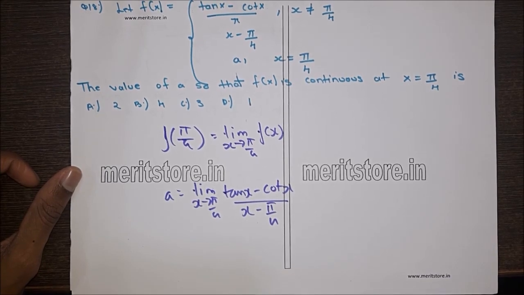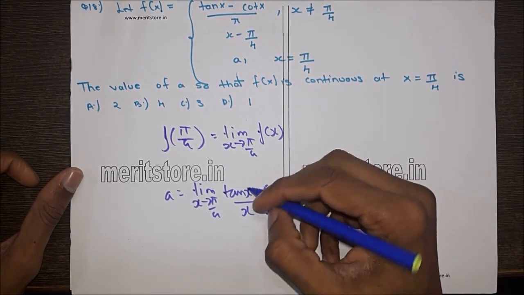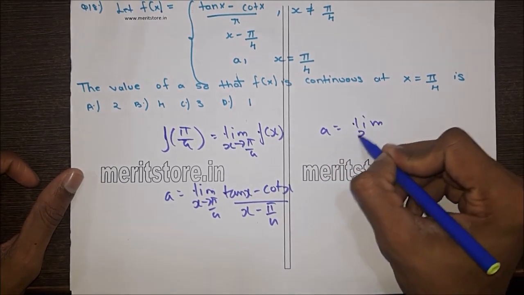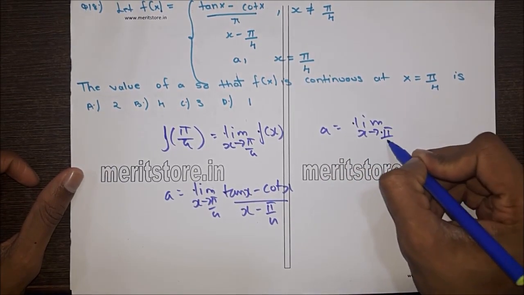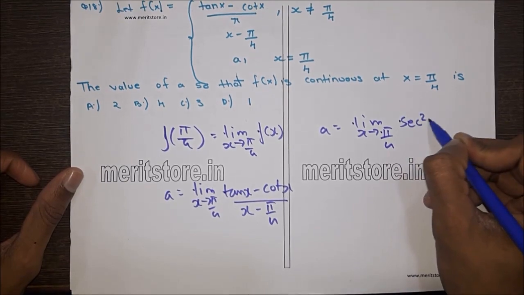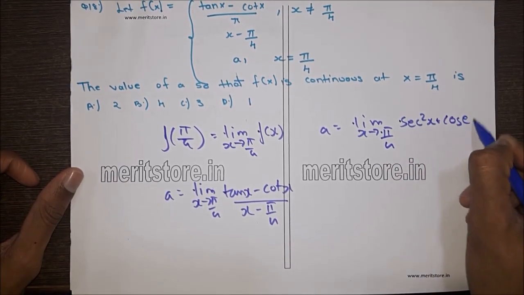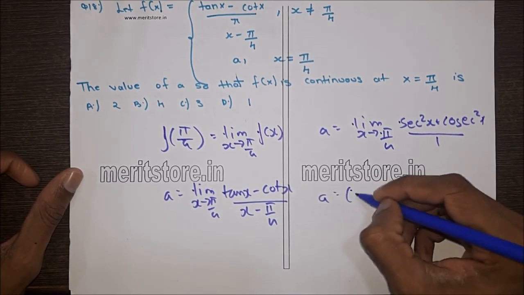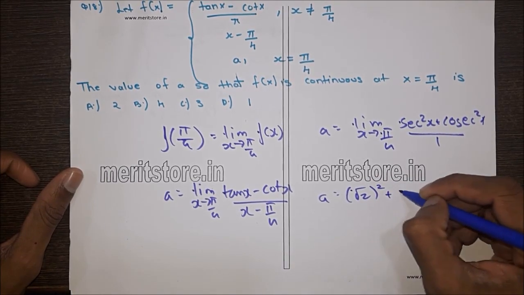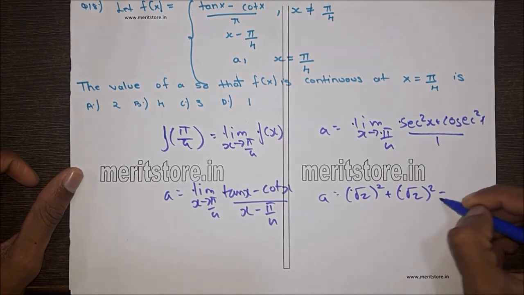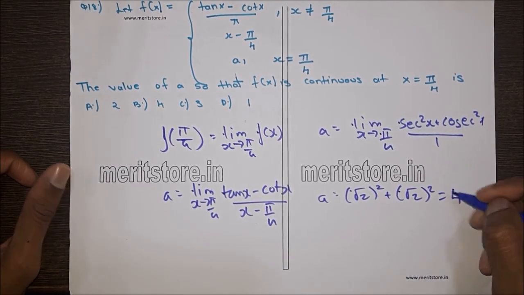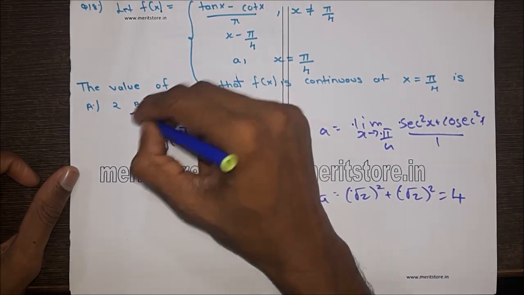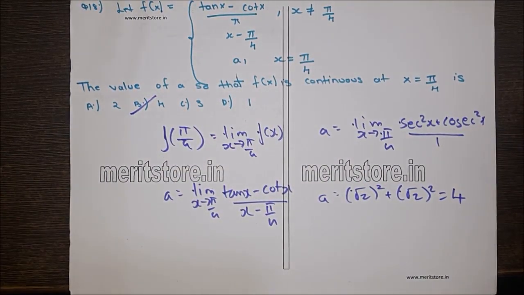Applying L'Hospital's rule on the right hand side, we get a equal to limit x approaches to pi by 4 sec square x plus cosec square x upon 1, where we get a equal to (root 2) the whole square plus (root 2) the whole square, which is equal to 4. So our answer, that is a equal to 4, matches with option B. Therefore option B is the correct answer.